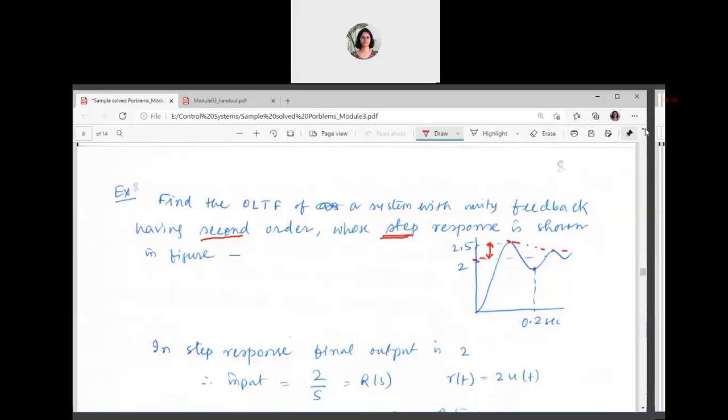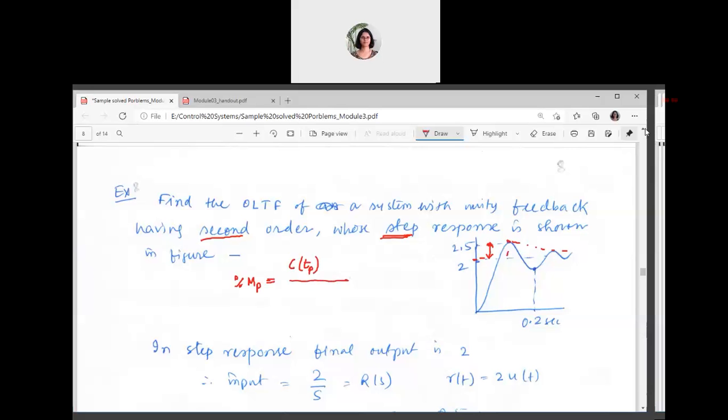Right? Now, how do I calculate the percentage overshoot? One formula we know is for a unit step. Otherwise, in general, for any step, any output curve given, I can calculate the percentage overshoot as the output at peak time.